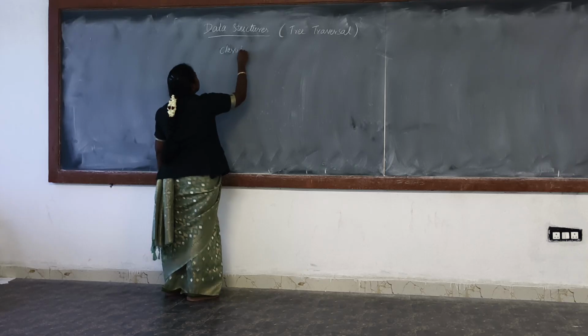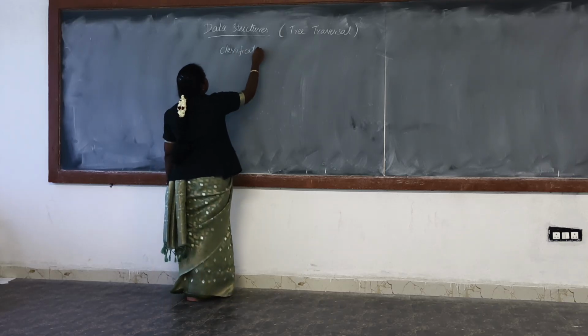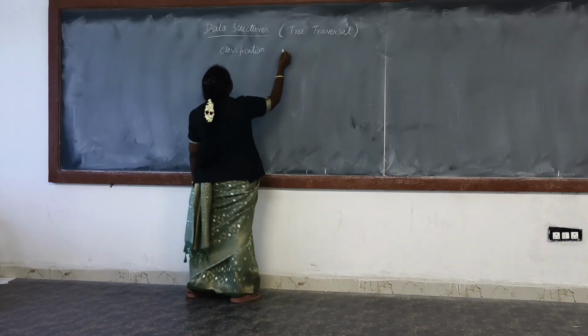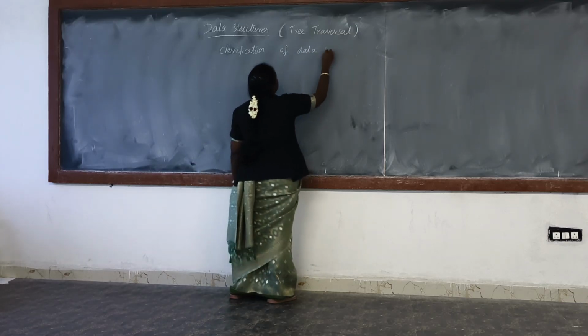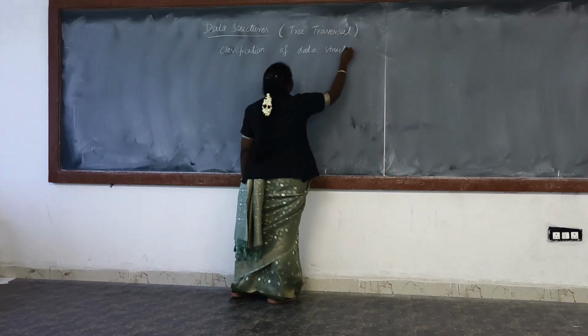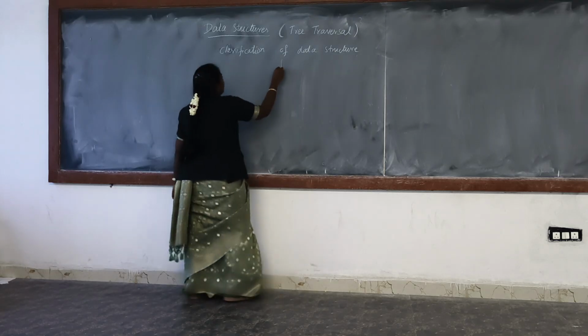Under the classification of data structure, it is broadly divided into two types.